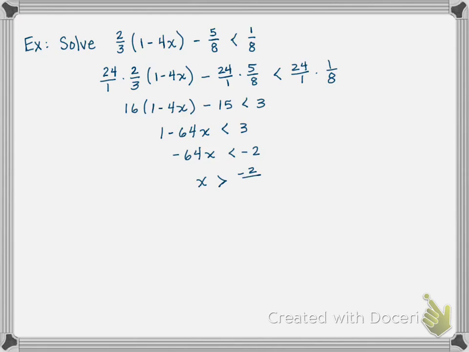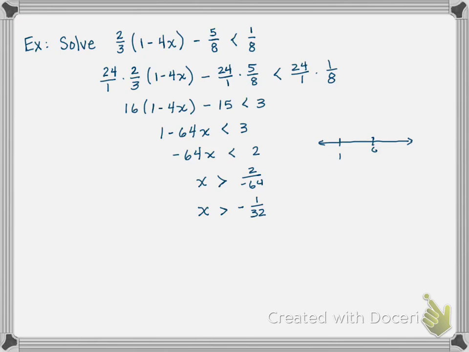This is negative 2 over negative 64. No, this is positive 2, I'm sorry. It's the second time I've done that today. And so x is greater than negative 1 over 32. If you were going to graph this, it's a little funny because it's a fraction, right? You don't have to mark out 1/32 perfectly. You can just be like, okay, here's 0, and here's 1.